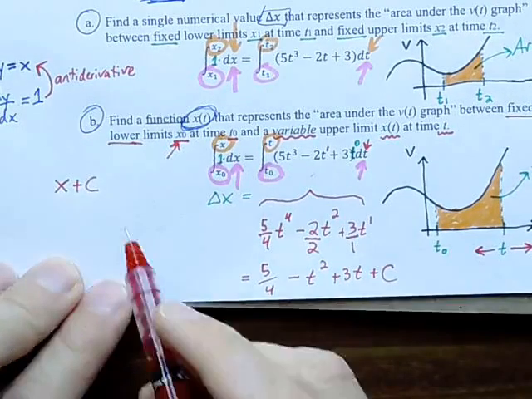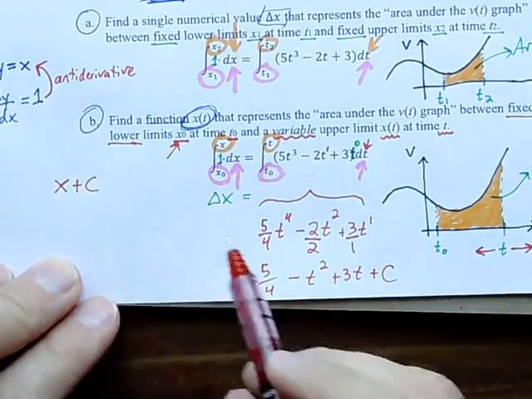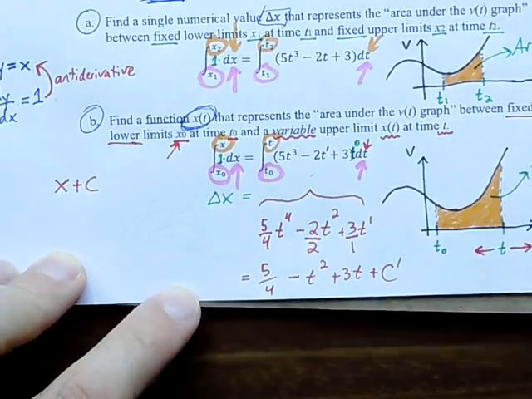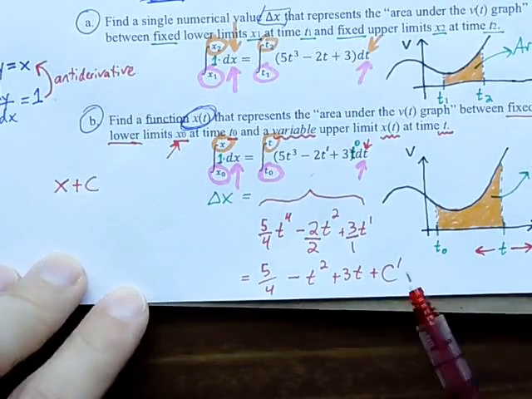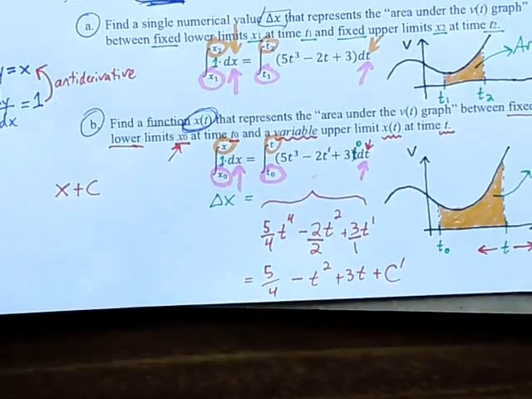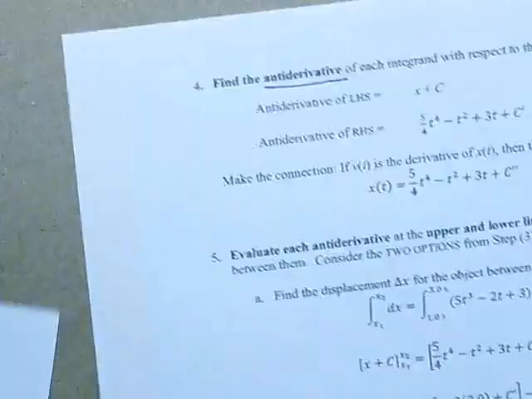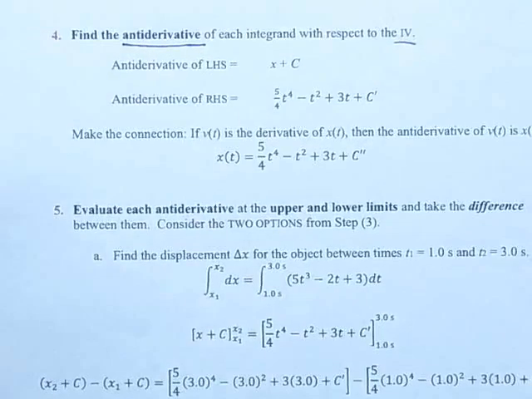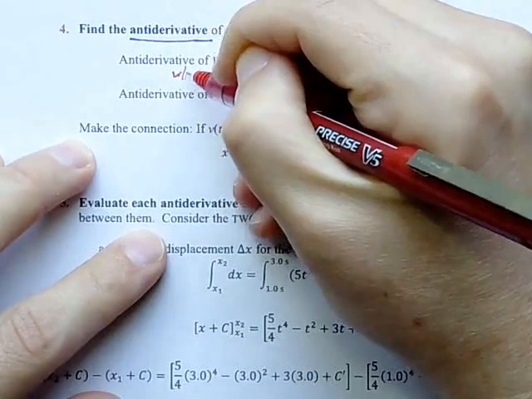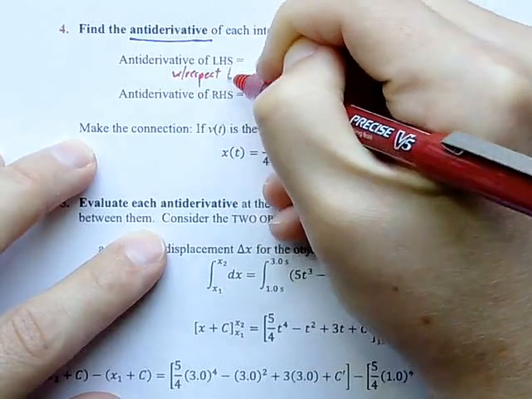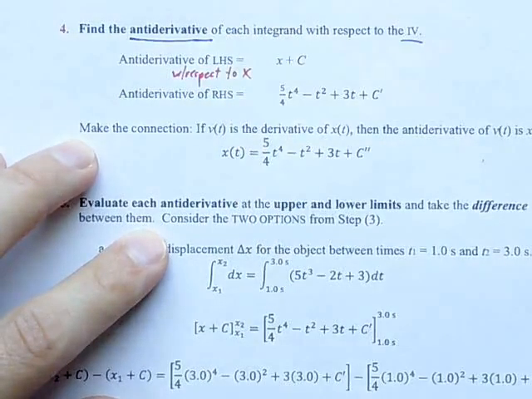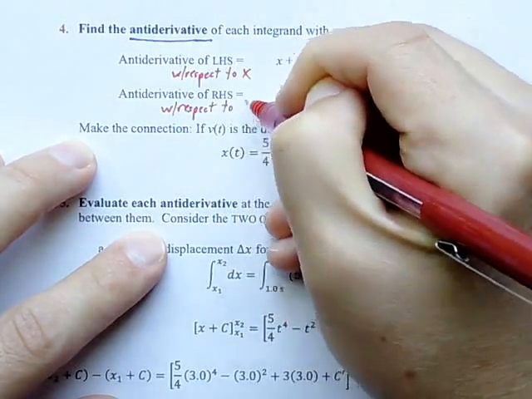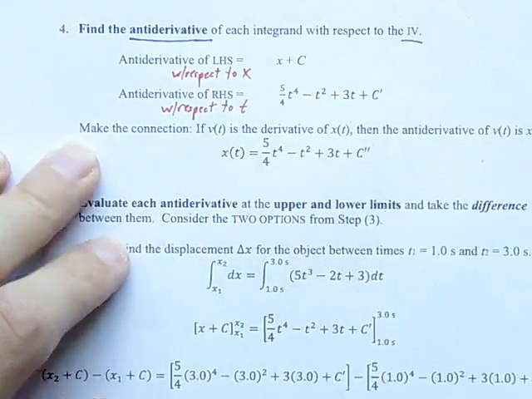Now in general, this constant over here has nothing to do with this constant over here. They should be different constants. Let's call this one c prime to show that it's some other value. Okay. So in summary there, the antiderivative of the left-hand side with respect to x is x plus c, and the antiderivative of the right-hand side with respect to t is this function.